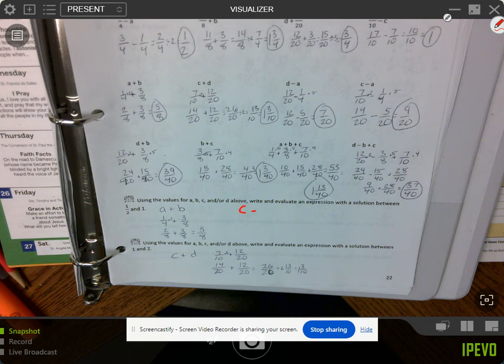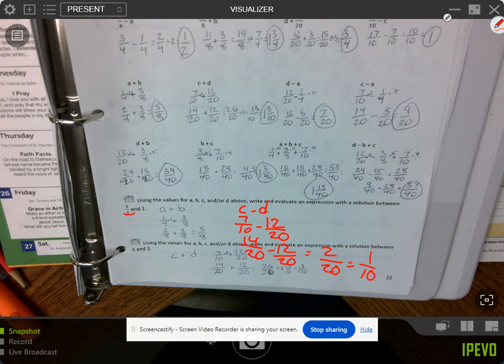C minus D, so 7/10 minus 12/20. So then that would be 14/20 minus 12/20, which gets me 2/20, which is 1/10.